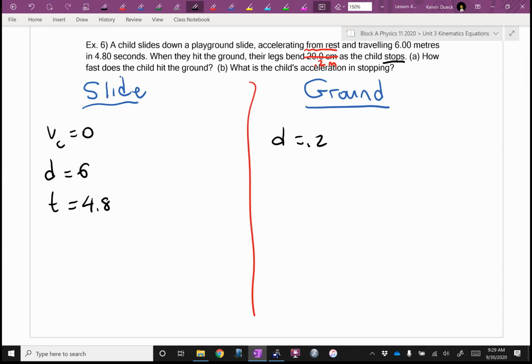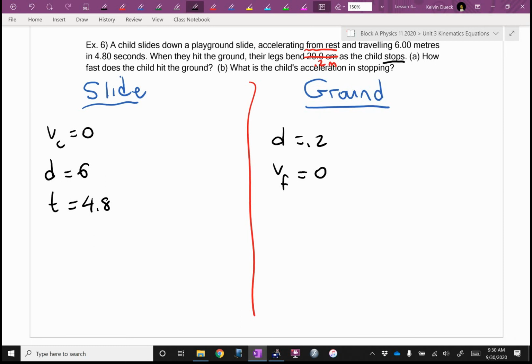V initial or V final on the ground? So you ready? When he hits the ground at the beginning, how fast is he traveling? 0? No. So stopping, that's got to be V final. Okay.